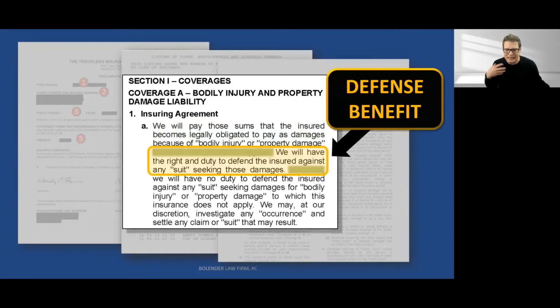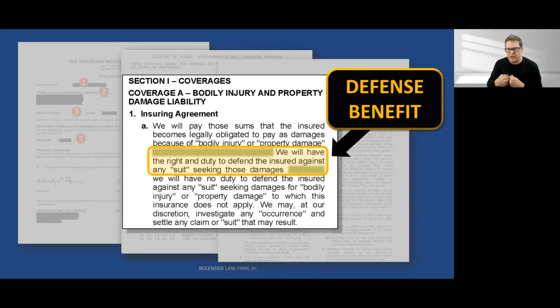Let's look at the second sentence, which is the promise to defend. This is called the defense benefit. That promise is limited to lawsuits seeking damages that are potentially within the scope of the indemnity benefit.